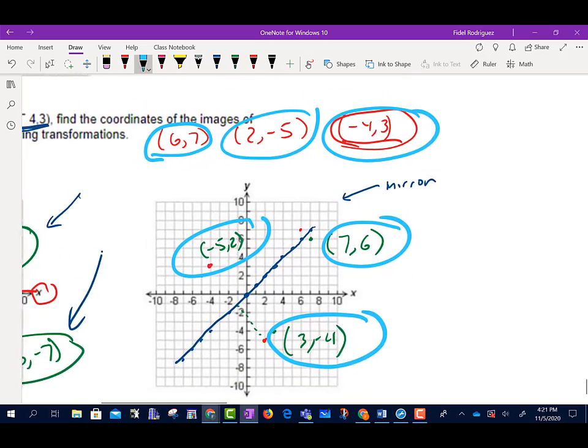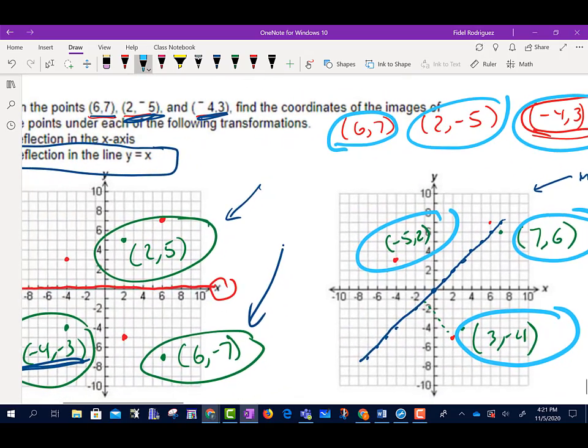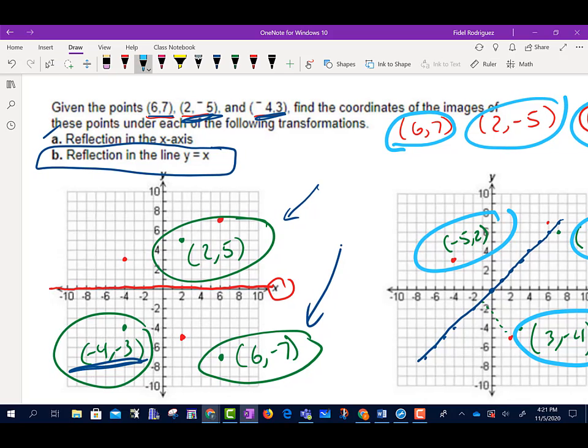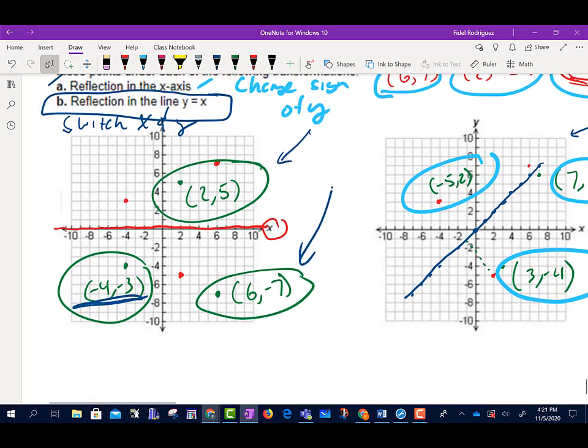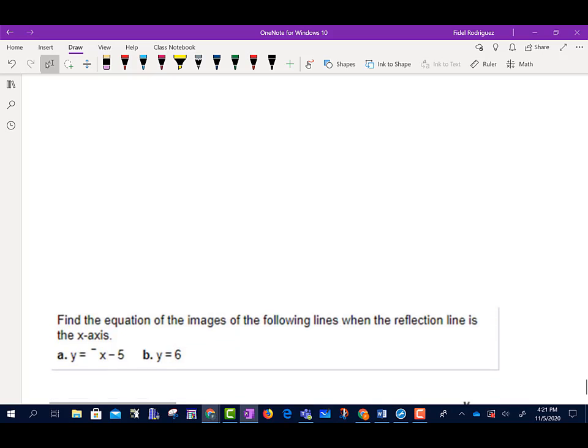What are we trying to do? When I flip about the x-axis, change the sign of the y. And when we reflect about the line y equals x, we switch the x and the y, right? And so now I kind of have an idea of what it is I'm trying to do. So let's take a look here.